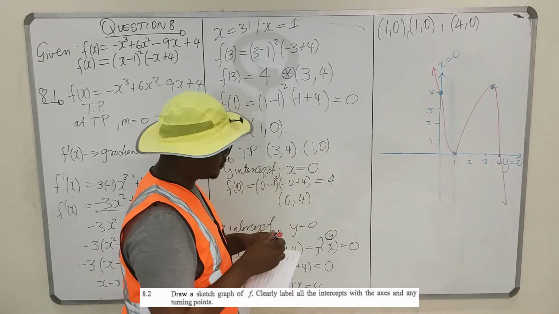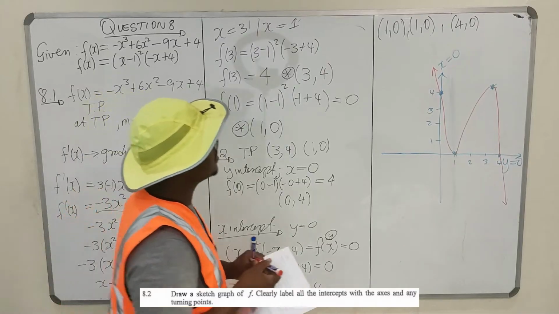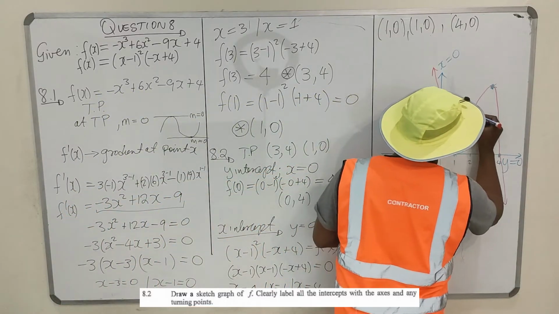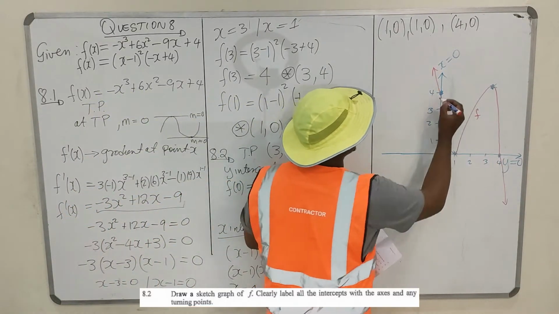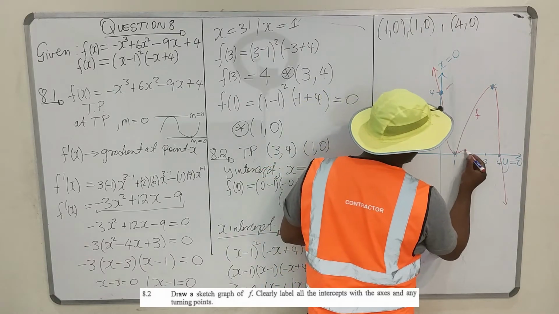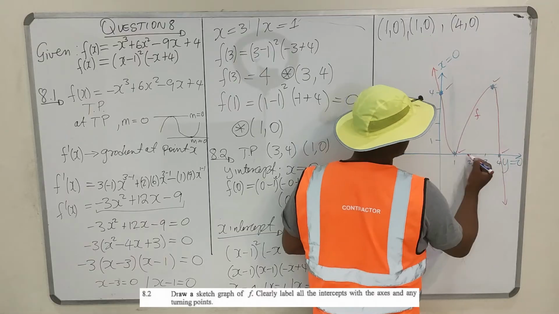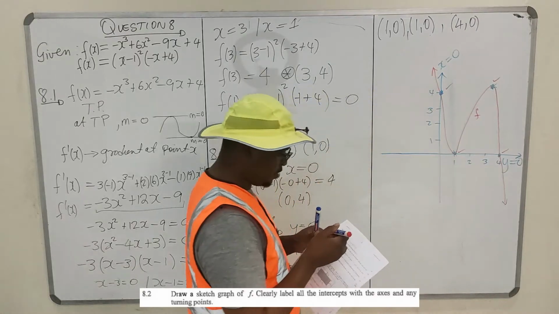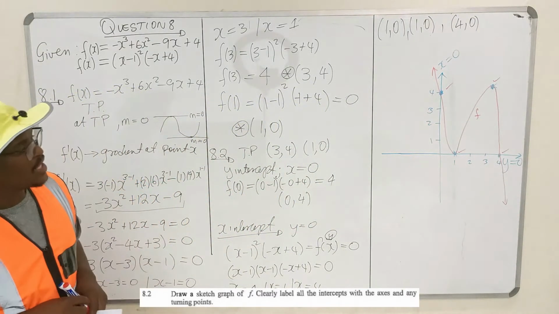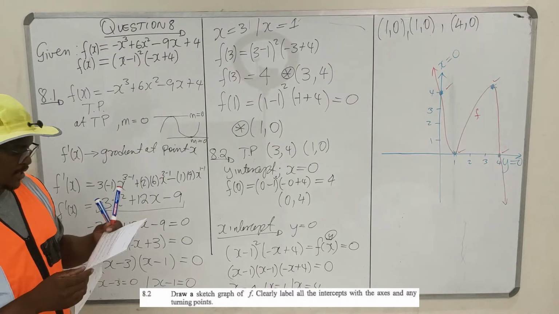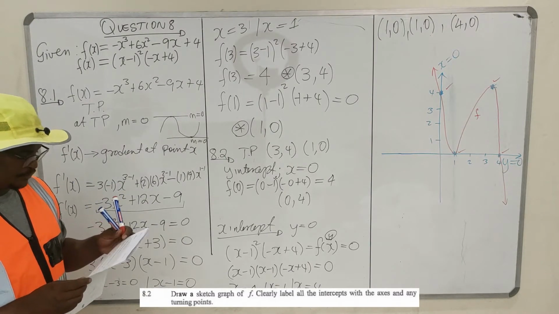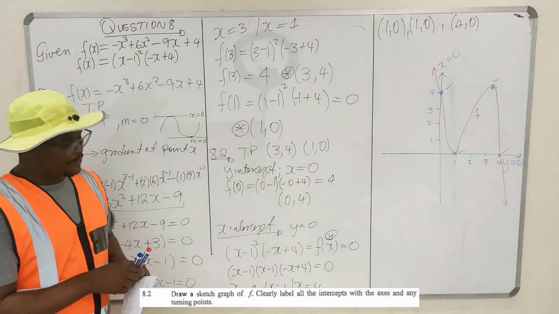So this is your function f. We have shown the x-intercepts, the y-intercept, and the turning points. Yeah, we should be fine. So that's how it looks, more or less. So go to 8.3.